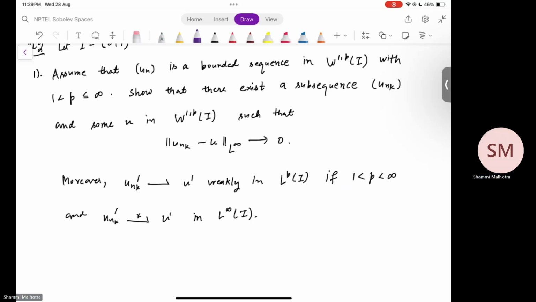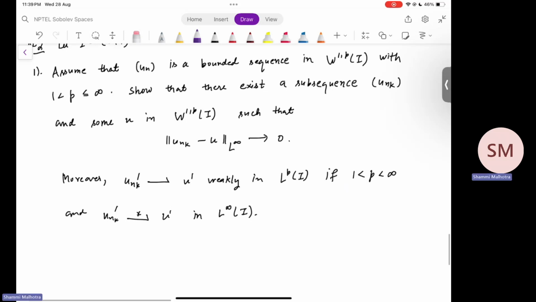So how do you go about showing that such a subsequence exists? One thing we know is that W^{1,p} functions are actually absolutely continuous.